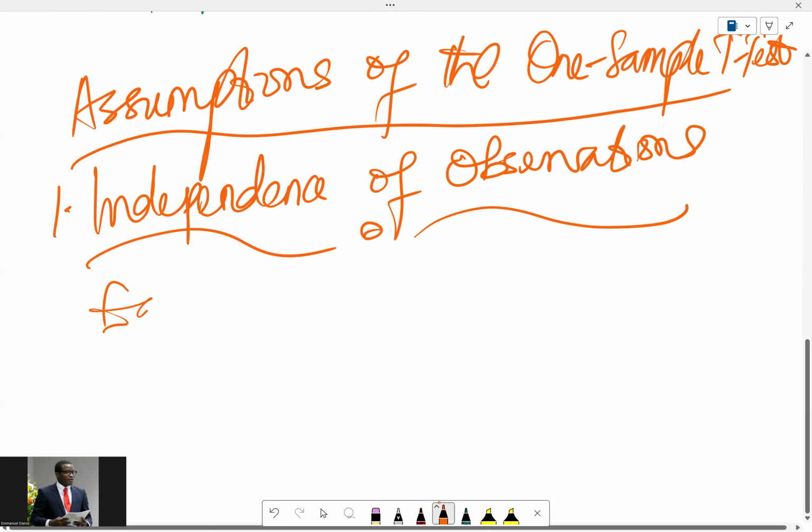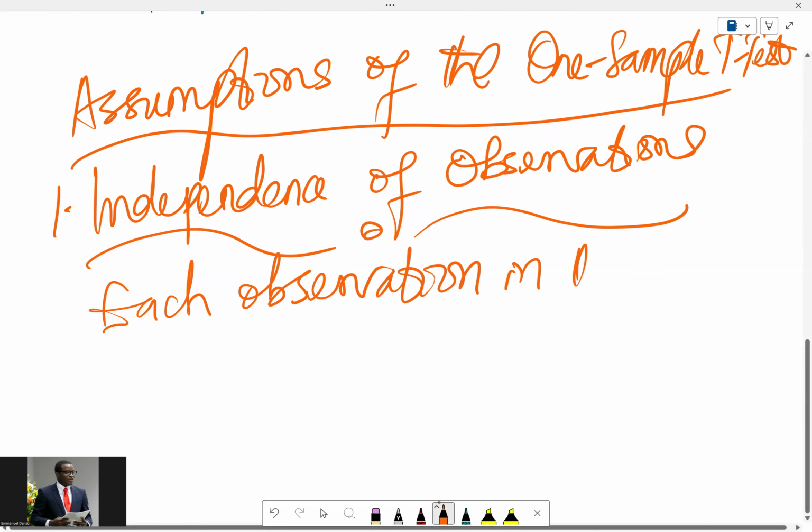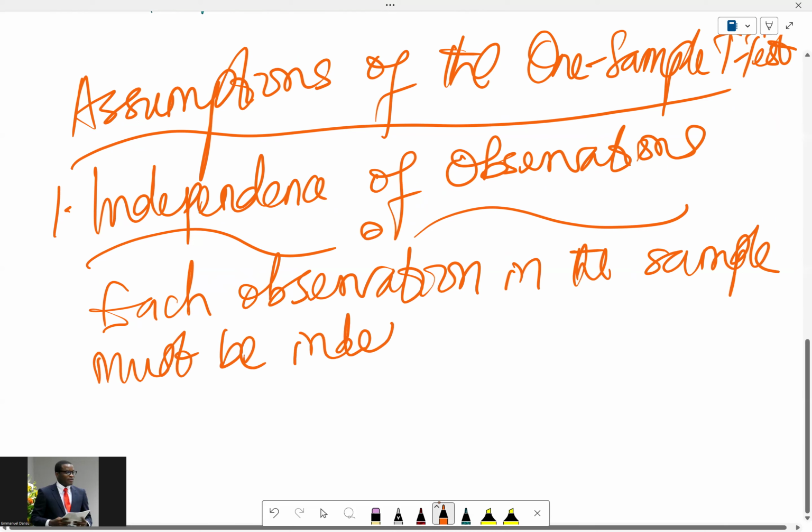So each observation in the sample must be independent of the others.